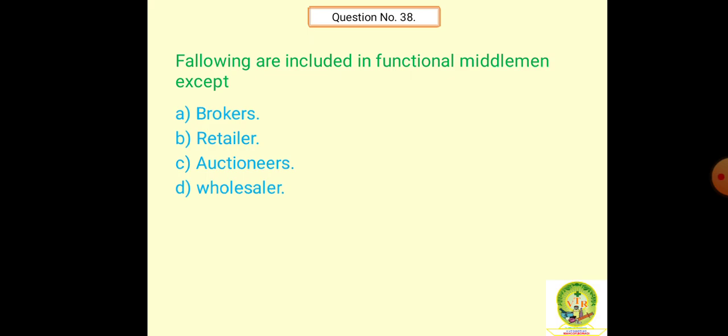Following are included in functional middleman except. Options are A. Brokers, B. Retailer, C. Auctioneers, D. Wholesaler. Right answer is auctioneers. A proof of equality of debit and credit balance is called as.